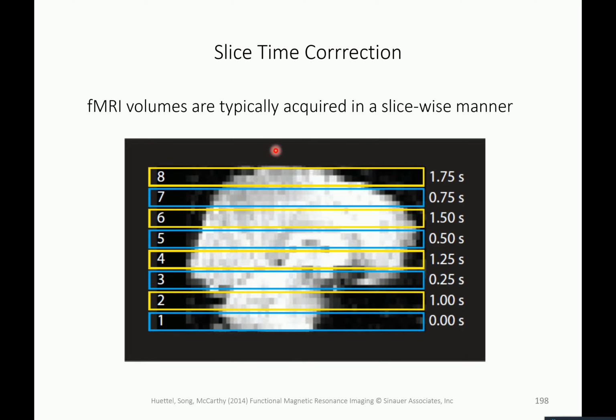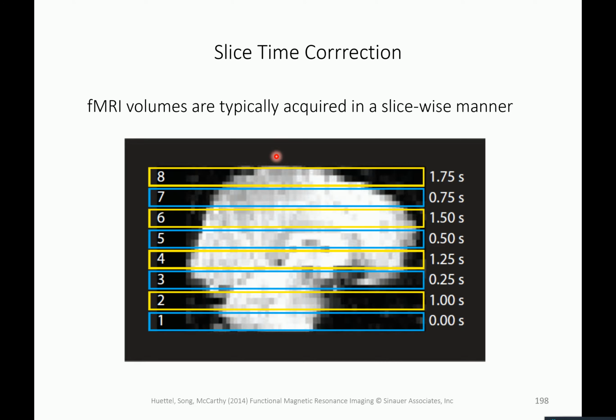You have a linear gradient in the Z direction, and then you have different Larmor frequencies across the Z direction, from here to here. By sending an excitation signal specific to a specific Larmor frequency, you excite a different region along the Z direction.